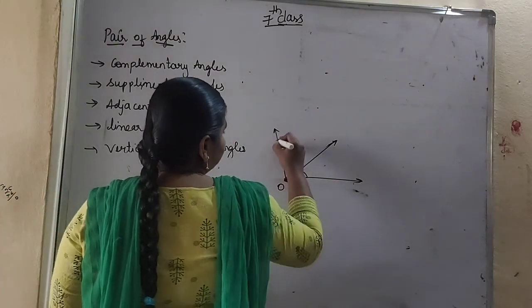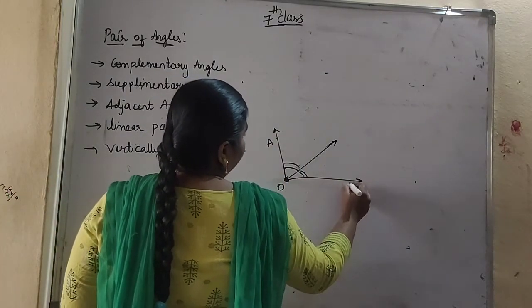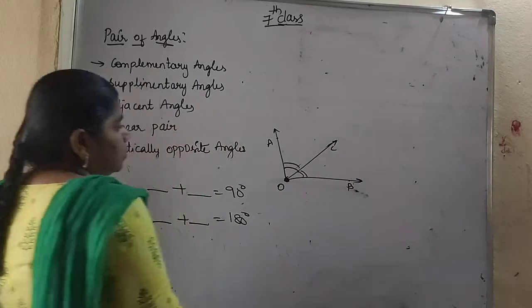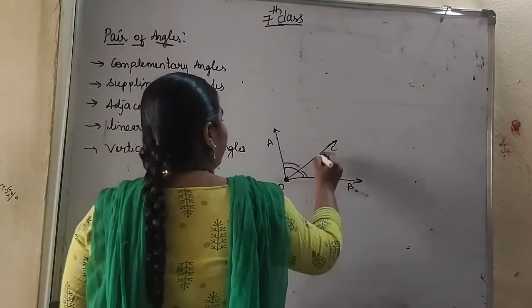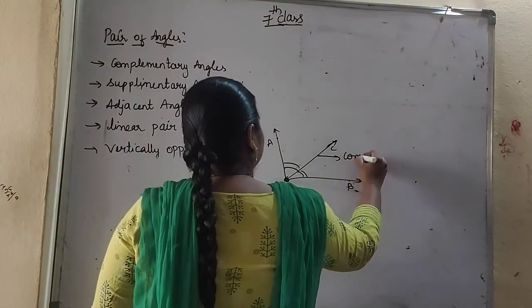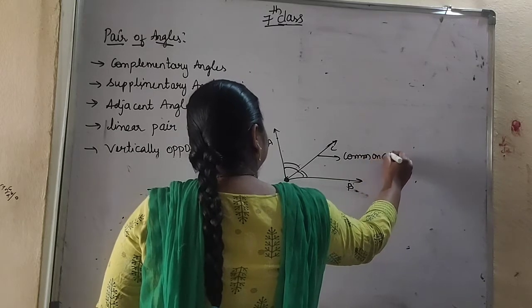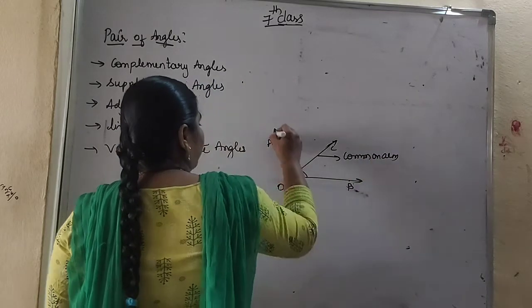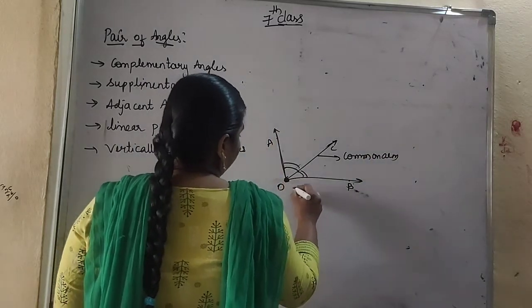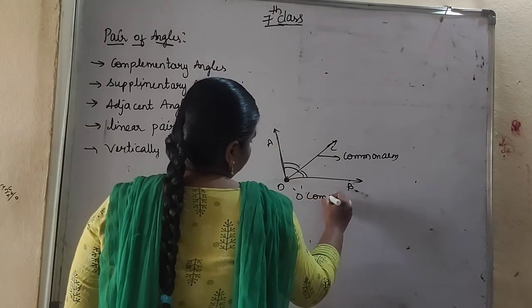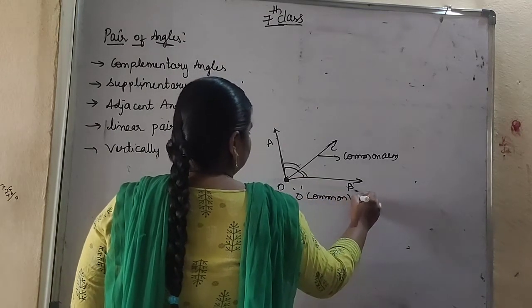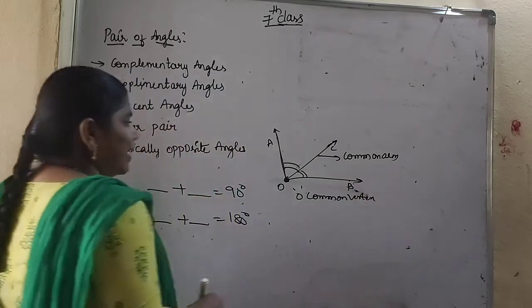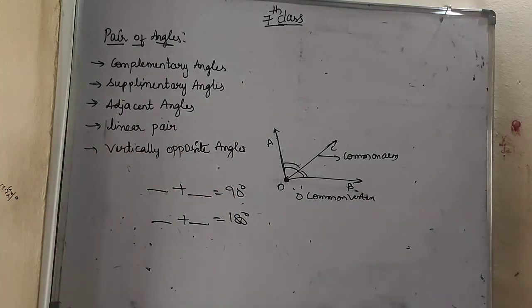So here I am taking it as O, A, B, C. So here OC is a common ray, common arm, and this O is a common vertex. So we can call it as adjacent angles.